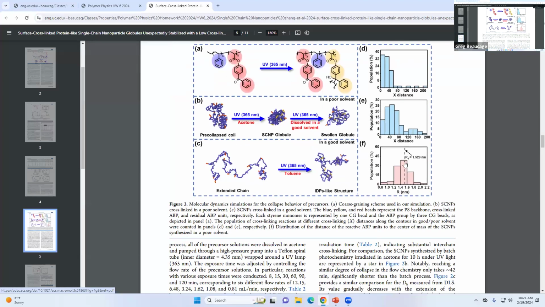And then finally, this one is kind of the size of the blob things. What is F? Distribution of distances of reactive units to the center of mass. So this just shows that the reactive units are on the surface. This is kind of the radius of the blob, and the location relative to the center of mass is on the surface of the blob.